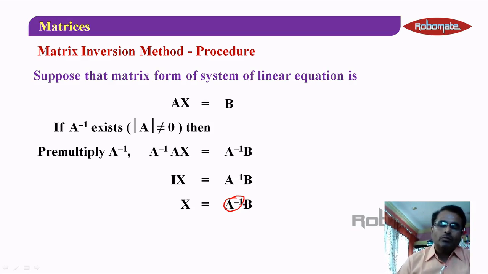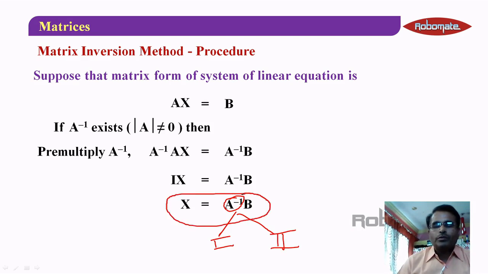The first one was using elementary transformations, with two sub-methods, using row transformations and using column transformations, and the second method is the adjoint method. So you can find the inverse in two ways, and those can be used to find the solution of a system of equations by the inversion method. The inverse can be obtained by using either elementary transformations or the adjoint matrix.